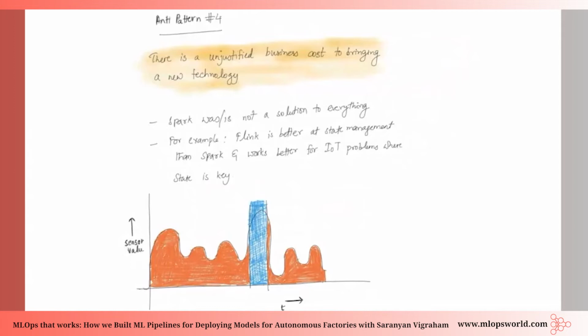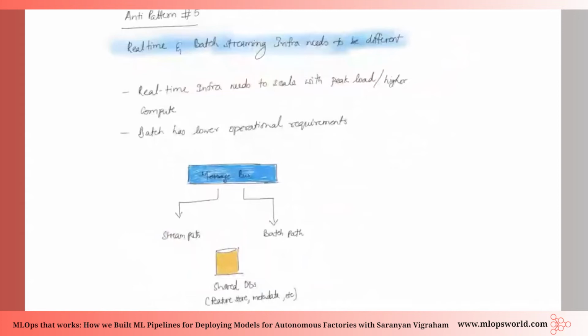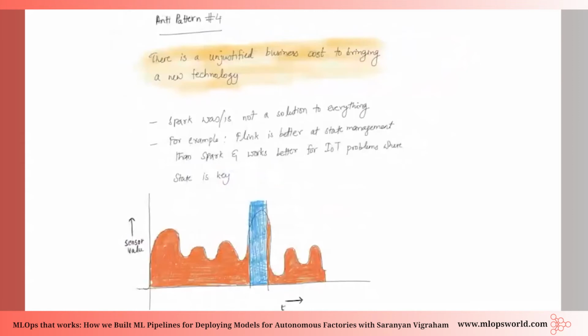But the challenge was how easy it was to change our infrastructure, right? We found out that it was a lot of cost that we didn't plan for before. We didn't structure our infra in a way that we could just onboard Flink very easily. So this becomes more of a platforming kind of pattern: what is the cost of bringing a new technology on board?